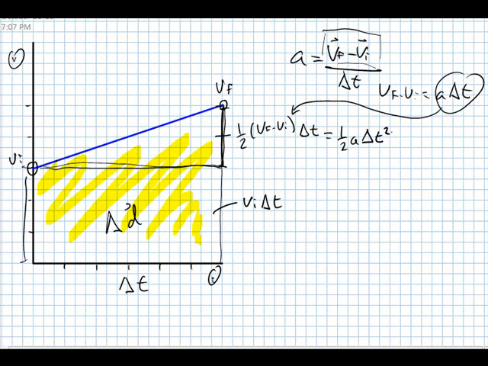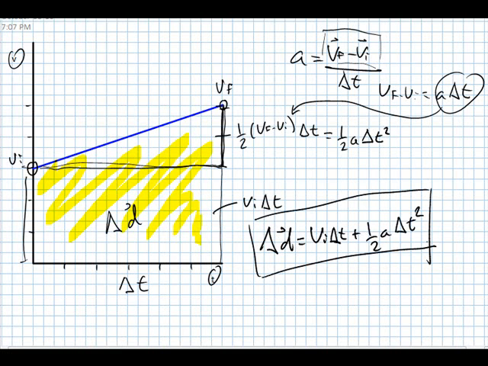So our total displacement, the total area of that space, delta d, is equal to vi delta t, the area of the rectangle, plus 1/2 a delta t squared, the area of the triangle. And that is one of our formulas.